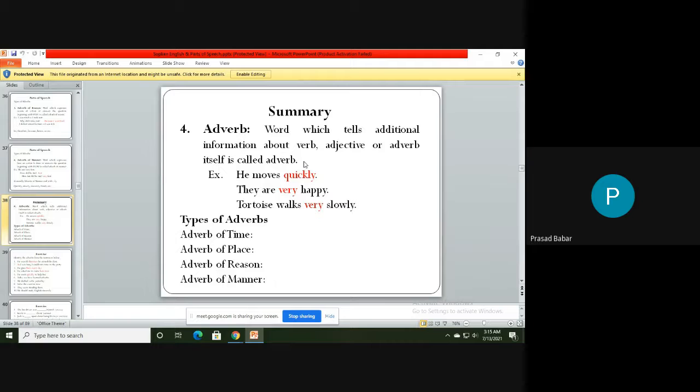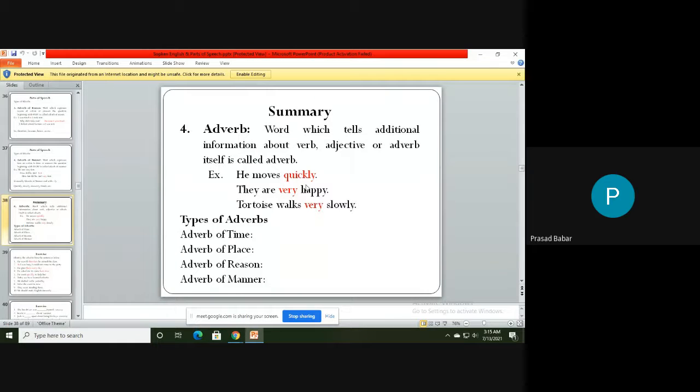Okay, so the example is he moves quickly. Here quickly denotes how that action is done. So it is done very quickly. So he moves quickly. In this example, quickly is the adverb.